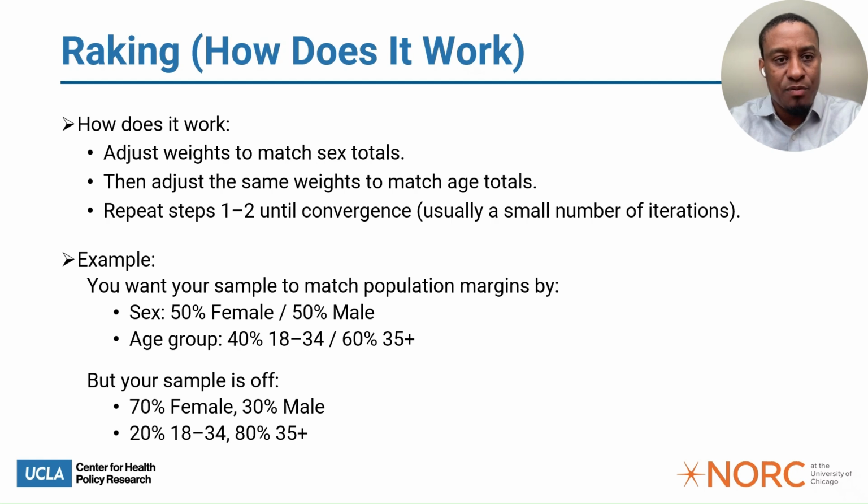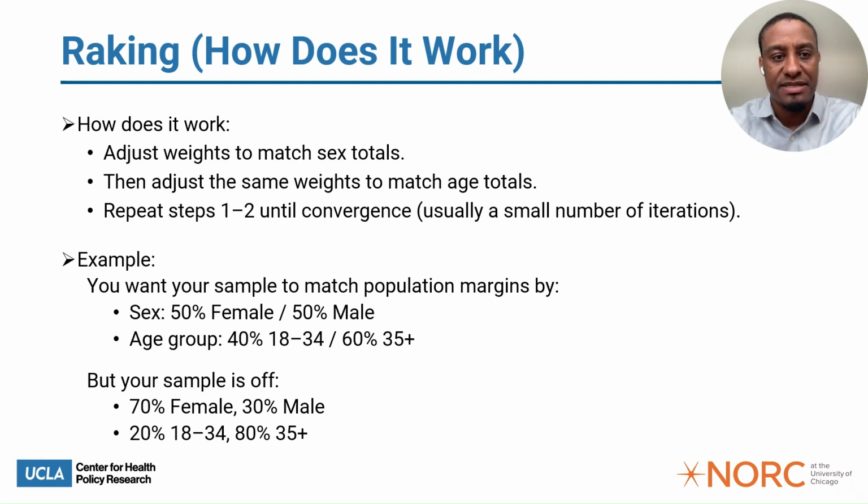Then in the next step, we will adjust the weight for the age groups. By adjusting the weight for the age group, you're going to undo a little bit of the previous adjustment on sex. Then we're going to redo the adjustment for the sex variable, and then we will adjust for age group.